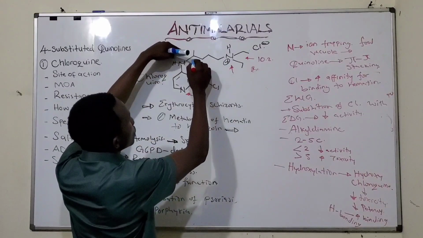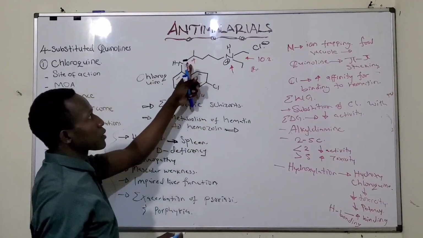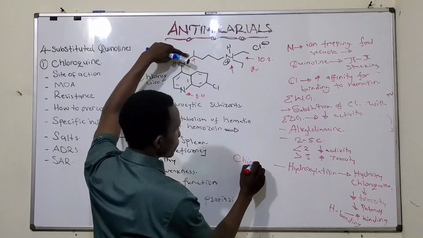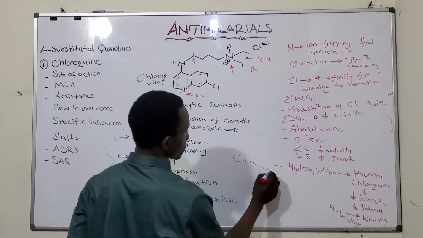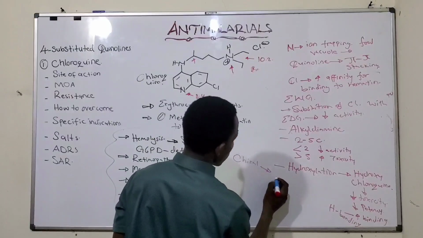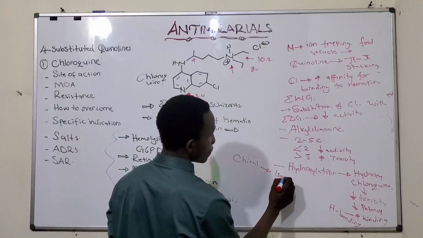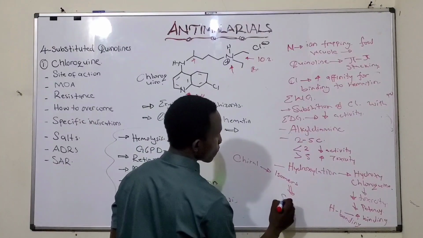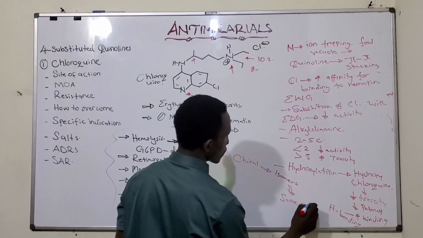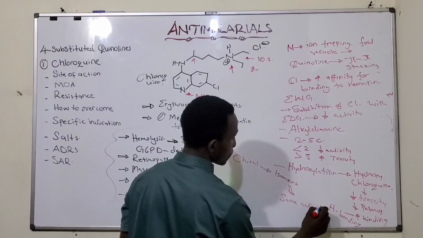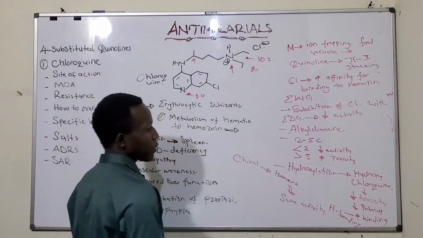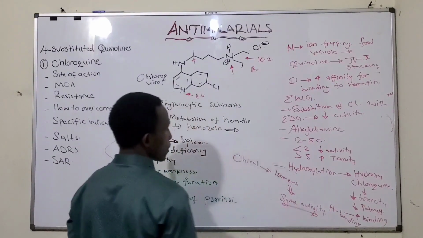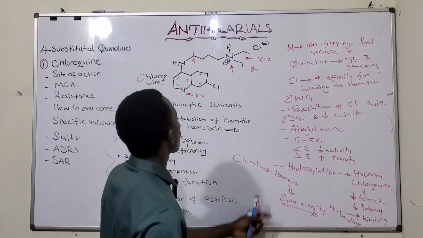Then we have this position here. This carbon here is chiral, and chirality provides us with isomers. These isomers have almost the same antimalarial activity, so whether it's R or S, we shall have almost the same activity.